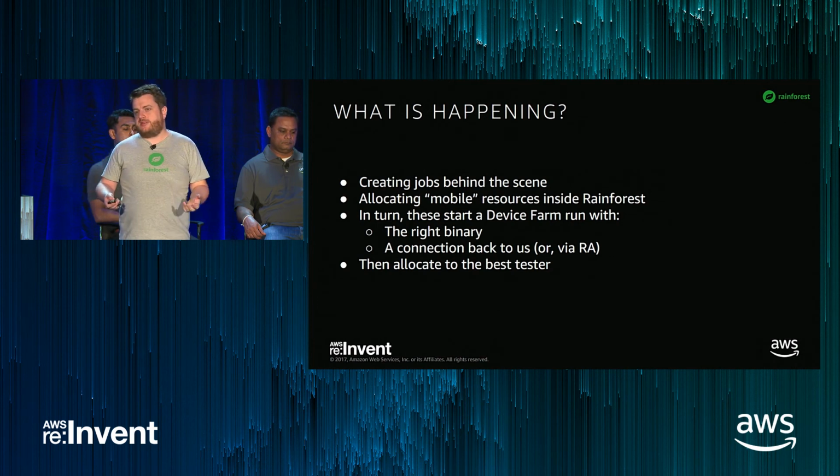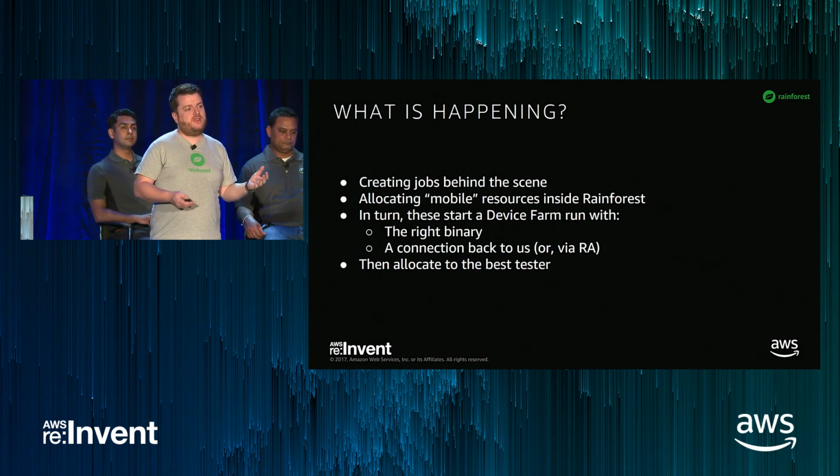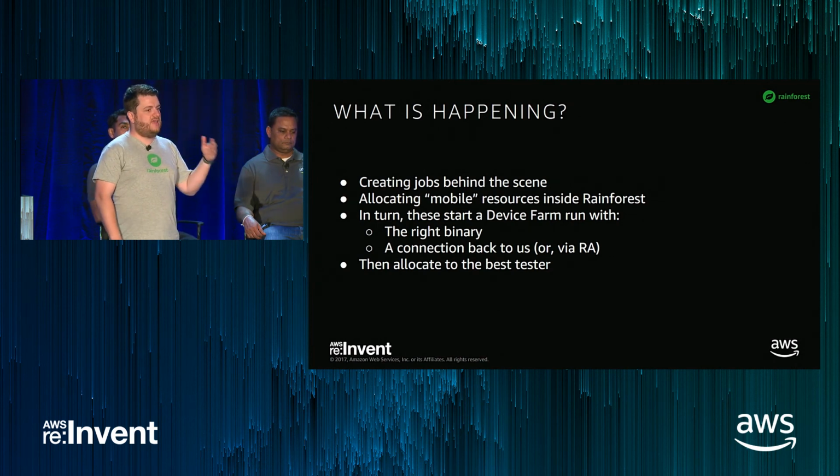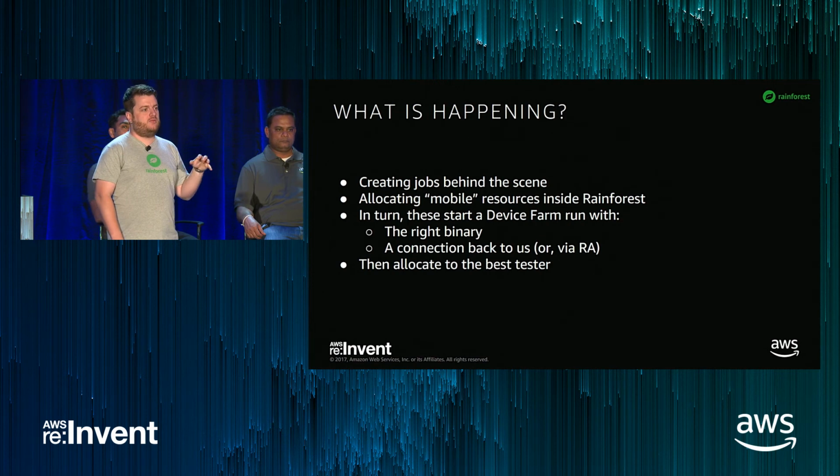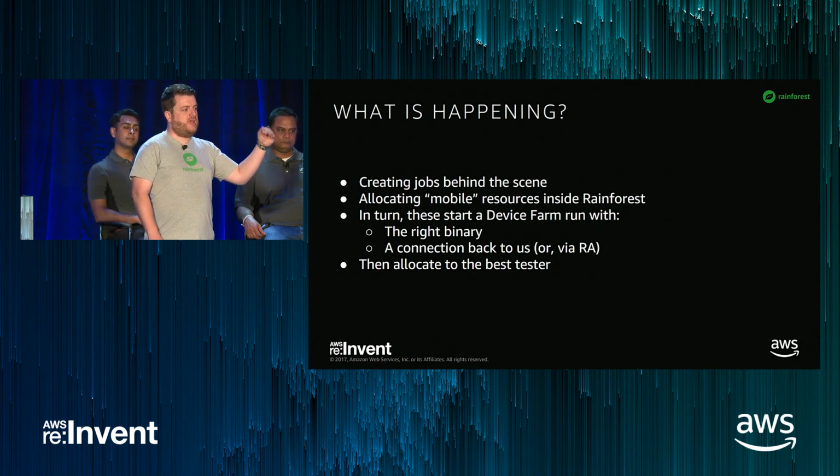So what's happening behind the scenes? We're taking all of the things you've requested. For each phone and each human that we think we're going to have to send to it, we set up a device farm run individually and wait for the phone to connect to us. As soon as that connects back to us, which is normally pretty quick, we then find the best tester qualified for that and connect them together.